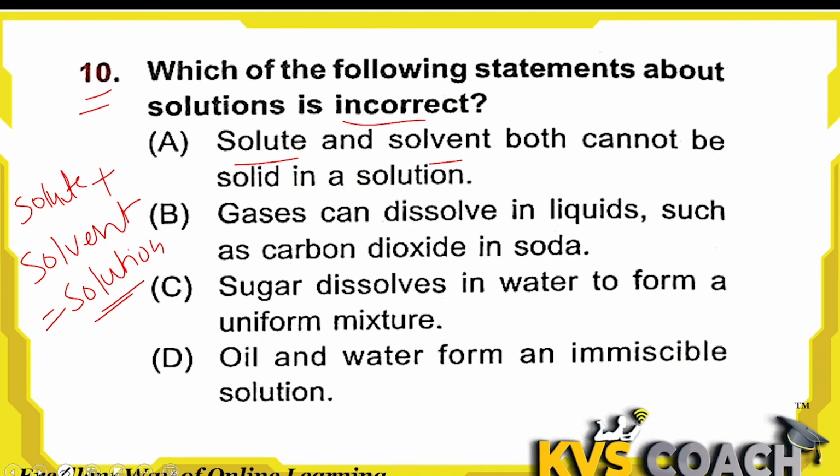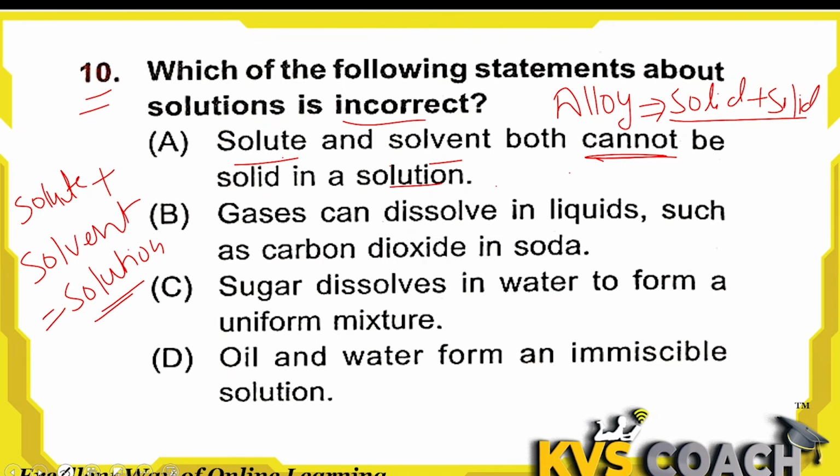Now they are asking that solute and solvent both cannot be solid in a solution. This is wrong here. They both can be solid. I told you in the first question, alloys are solutions of solid plus solid. So solid and solid can make a solution that is called an alloy. Like steel is an alloy of solid in solid.